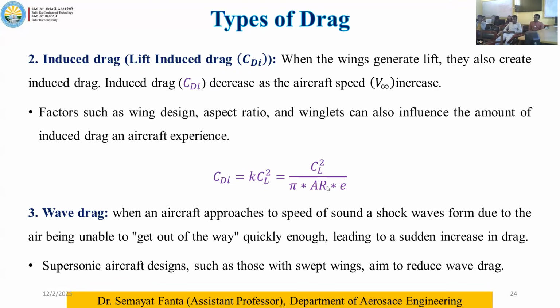Aspect ratio by itself is the ratio of b square over S. b is the wingspan of the aircraft, from one tip of the wing to the other tip. It is called span. So span square over planform area S gives you the aspect ratio of the wing. So we can directly calculate it from the wing geometry.